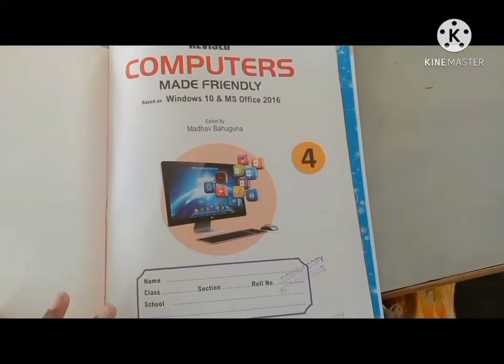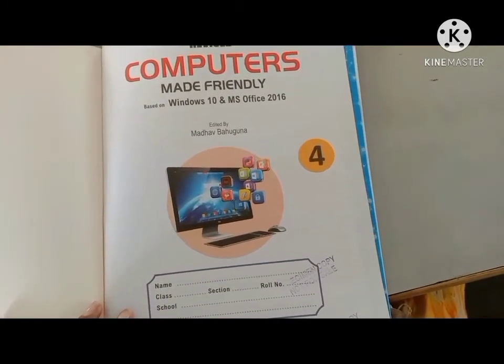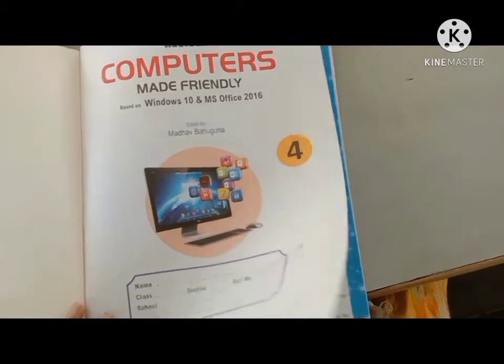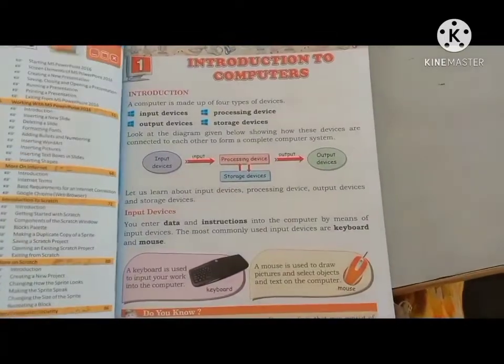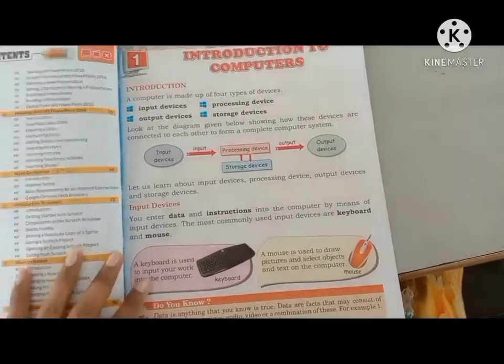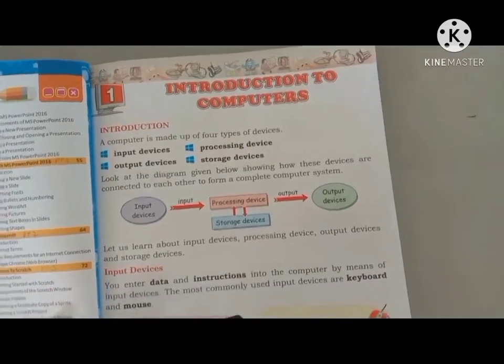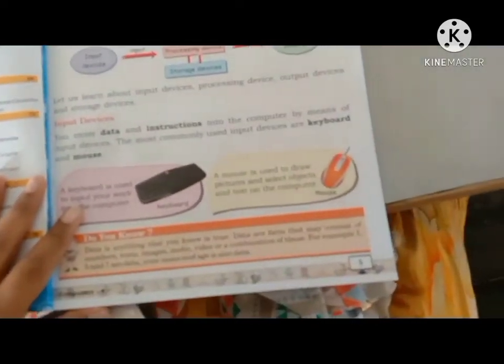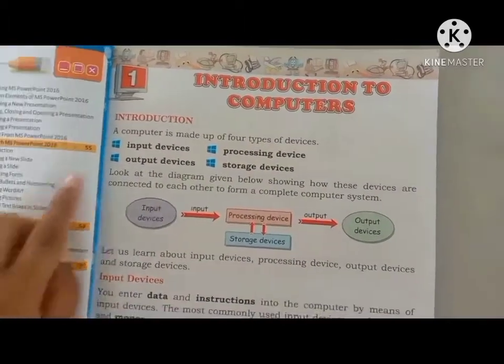This is the first page, where you have to write your name, class, school, section, roll number. And this is the second page. This is the third page, where our first chapter is, Introduction to Computer, on page number 5. So let's read this chapter.